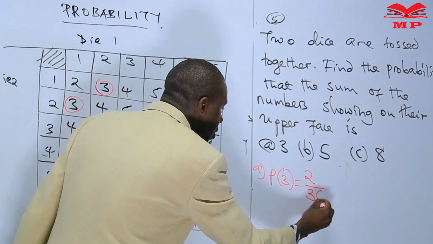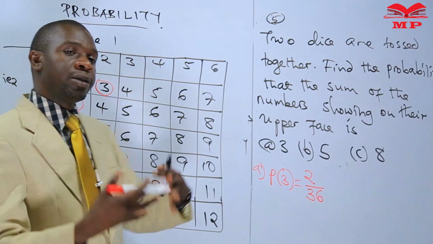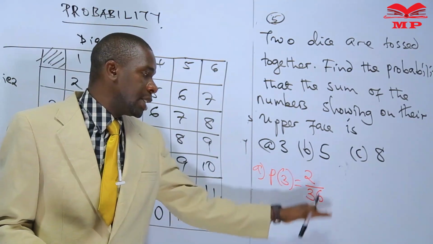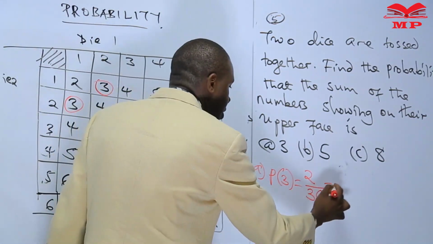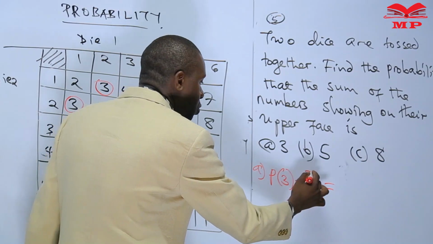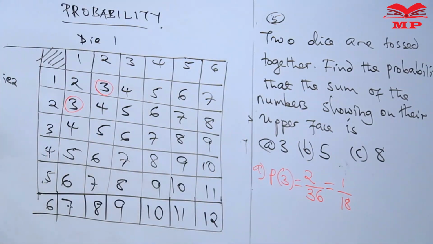So that is 2 out of 36. So that becomes the probability of getting a sum of 3. We agreed that when you have a probability in this form, it is not a simple fraction. So you can simplify it by dividing 2 by 2, giving us 1 out of 18 in that order.